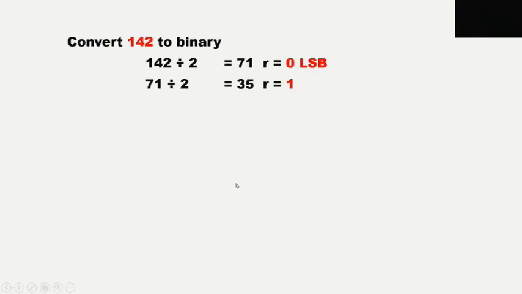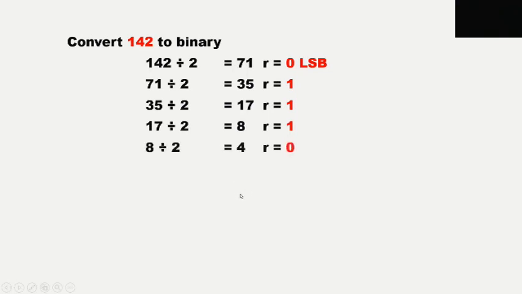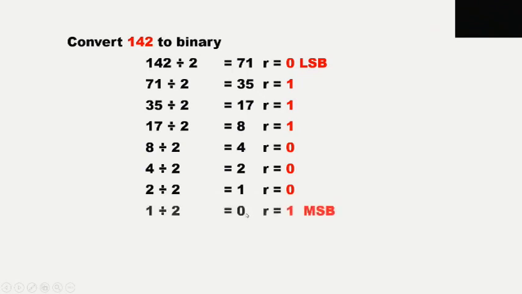Example, convert 142 to binary. 142 divided by 2 is 71 without a remainder. 71 divided by 2 is 35 with a remainder of 1. 35 divided by 2 is 17, remainder 1. 17 divided by 2 is 8, remainder 1. 8 divided by 2 is exactly 4 without a remainder. 4 divided by 2 is 2 without a remainder. 2 divided by 2 is exactly 1 without a remainder. And 1 divided by 2 is 0 with a remainder of 1.